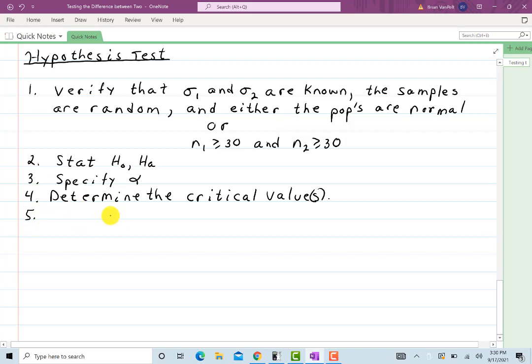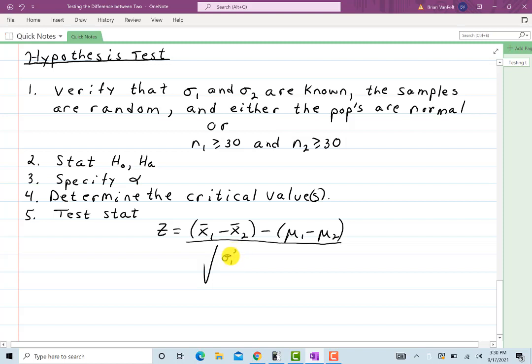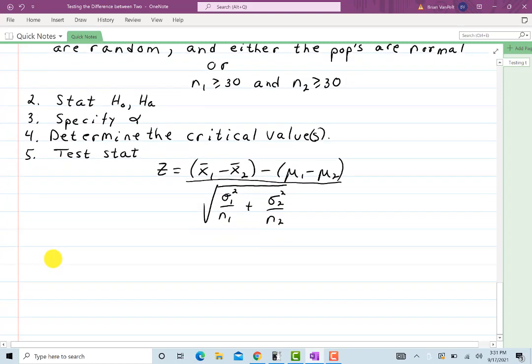Then we're going to use the test stat and then make the decision.